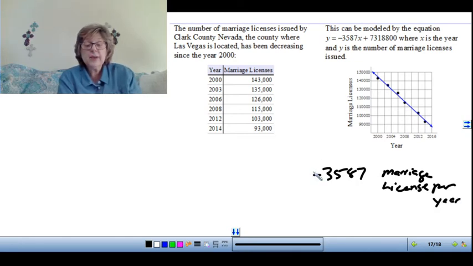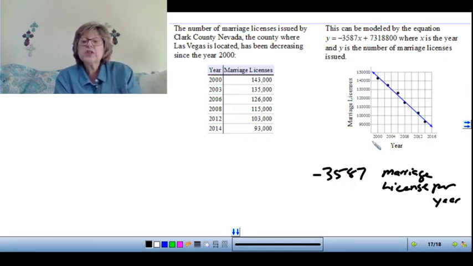The negative means it's going down. So you're going down 3,587 marriage licenses every year. We're losing that many marriage licenses every year.